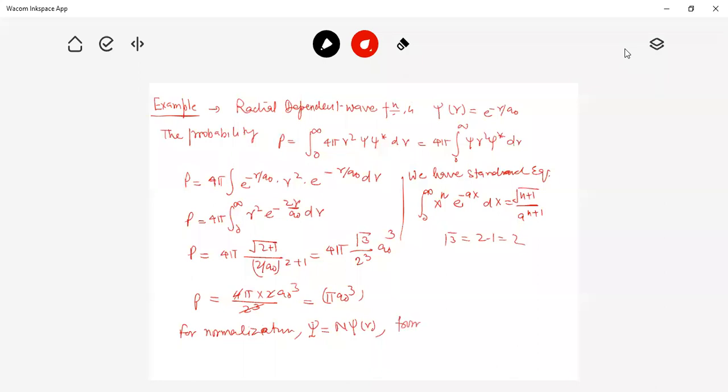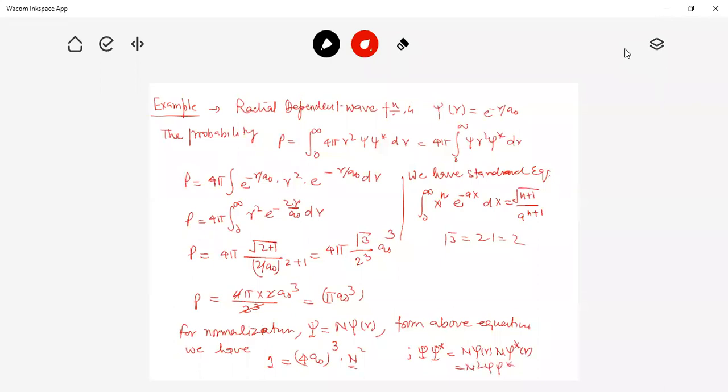From the above equation, we have 1 is equal to 4 a0 to the power 3 into N square, because psi star is equal to N psi star, that is N square psi star.